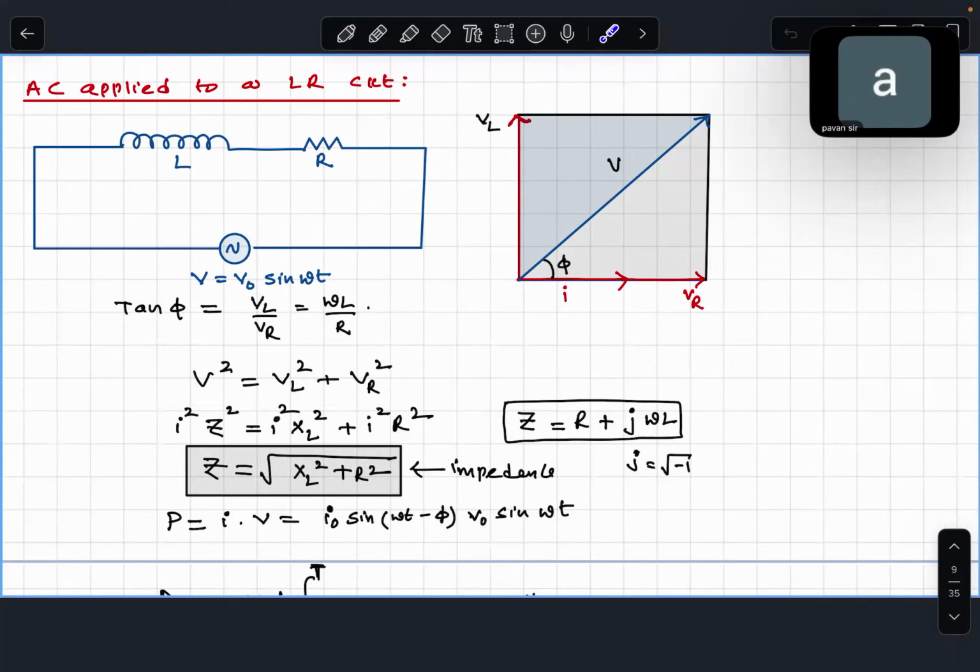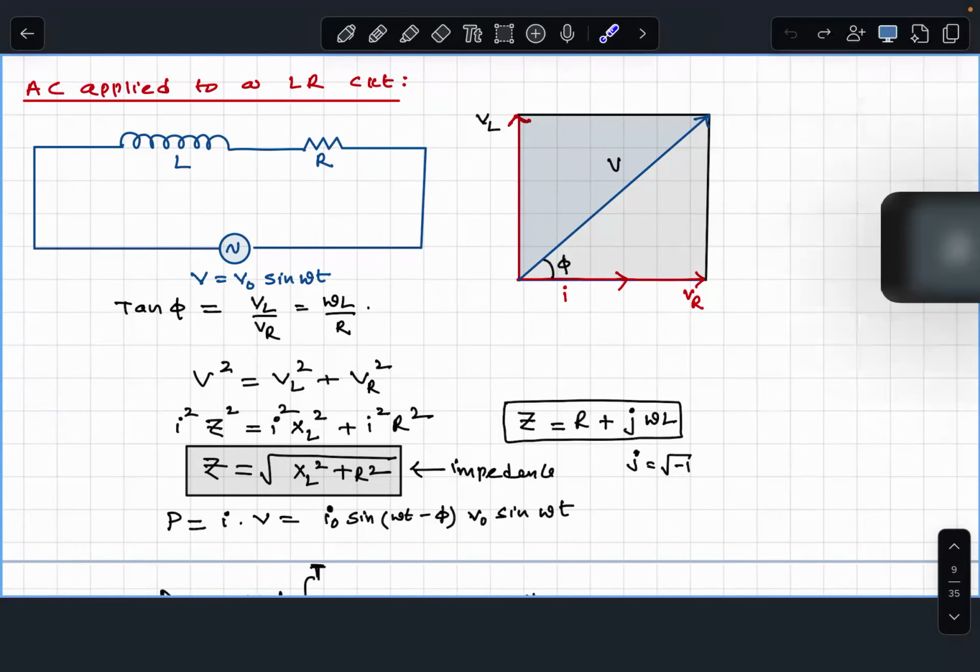Our observations are very clear. In case of pure resistor, voltage and current are in the same phase, whereas in case of pure inductor, voltage leads current by pi by 2, and in case of capacitor, current leads voltage by pi by 2. These are our observations.